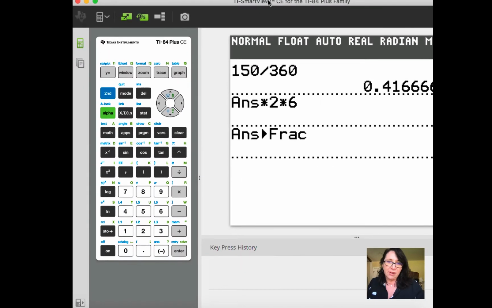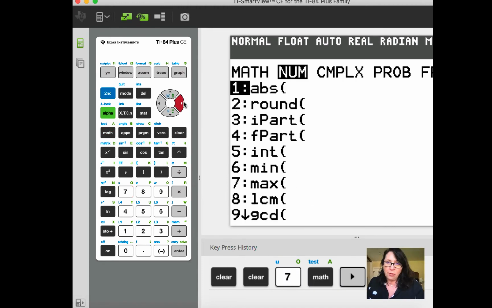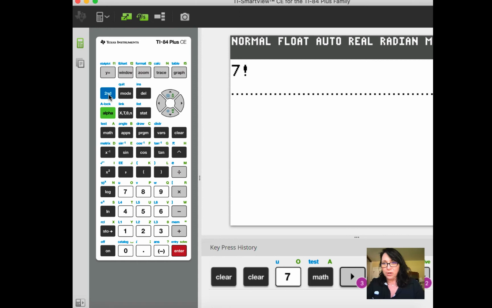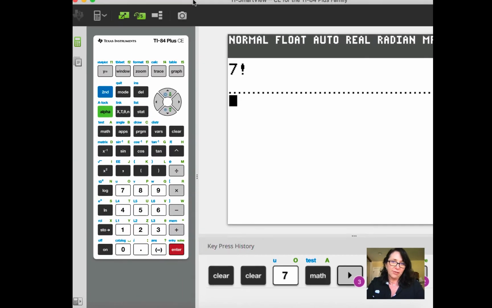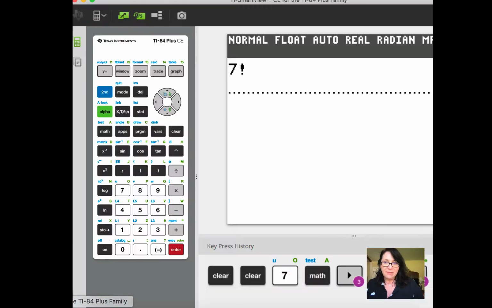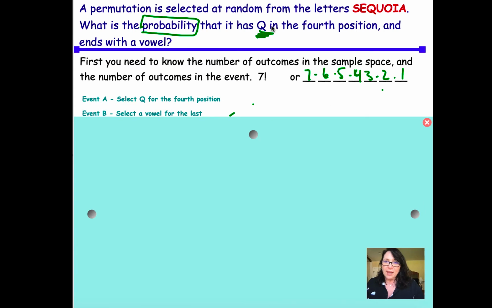We're going to go 7, then go to math and over to where it says probability, 3 over to the left and 3 down, hit enter, 7 factorial. 7 factorial is going to give us 5,040. So that's how you would use your calculator for that. So we have that value is 5,040.